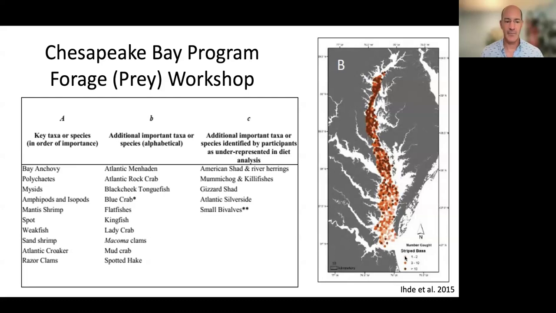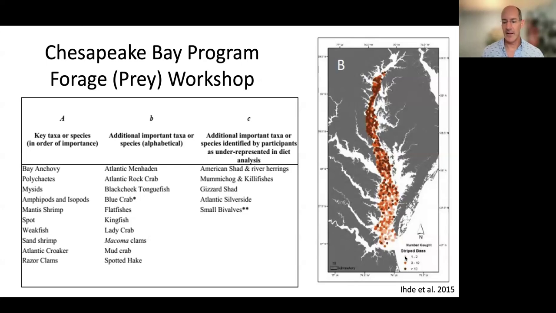And we do that by looking at what they're eating and then trying to make sure that there's enough of what they like to eat out there in the environment. And if there's not, thinking about what managers can do to help improve habitat for those prey species so that there's more prey and then hopefully more striped bass, for example. So that was the approach.